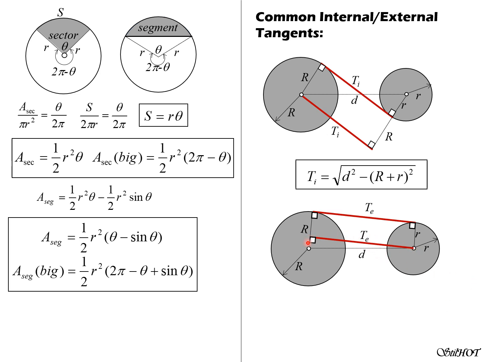We form this right triangle with hypotenuse d, and the remaining leg of this small right triangle is big R minus small r. So T sub E is the square root of d squared minus the quantity big R minus small r, squared. You don't need to memorize it, you just set up that formula in case you encounter a similar problem.